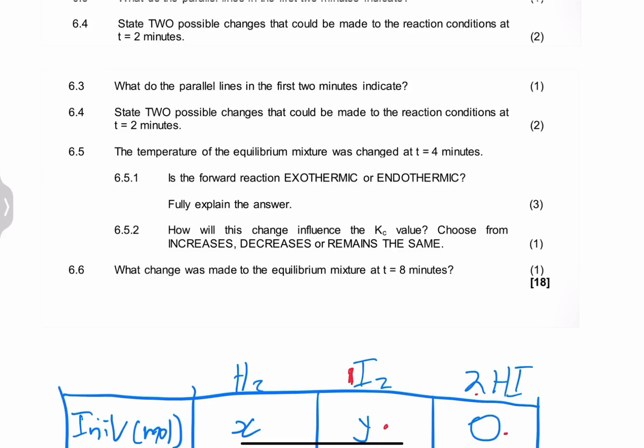Right. And then the final question, they say, how will the change influence the Kc value, okay? I want you to note in this case, it's only temperature that changes the Kc value. So definitely there will be a change in this case, right? So how will this change affect the Kc value?